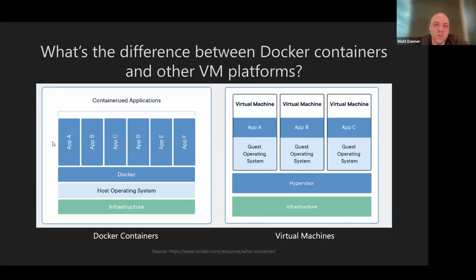On the left-hand side, the difference with containerized applications is that instead of having the baked-in operating system from scratch in each individual container, what Docker does is it just piggybacks off the host operating system. So Docker basically acts as an adapter between your host operating system and the container that needs to utilize certain functions.